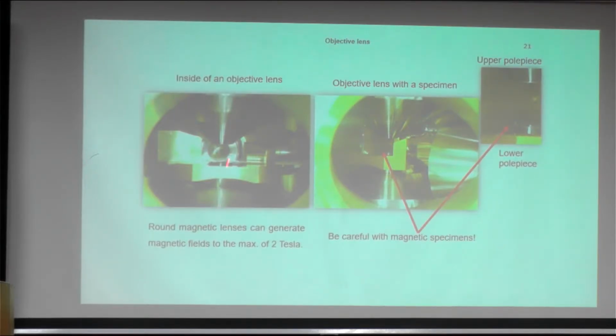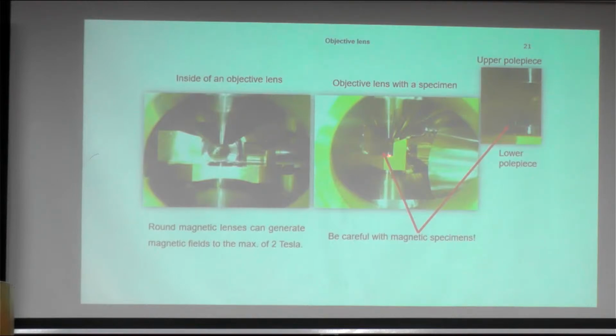And the magnetic field which you create here can reach values up to 2 Tesla. And this is very important to know, because if you use a magnetic sample and you don't care about it, sometimes you can insert a large magnetic sample, like the size of 3 millimeters, and then this sample can go out of your holder and stick to the pole piece.